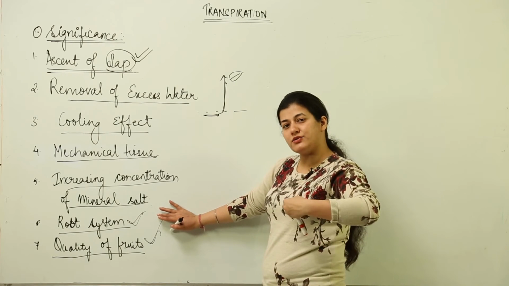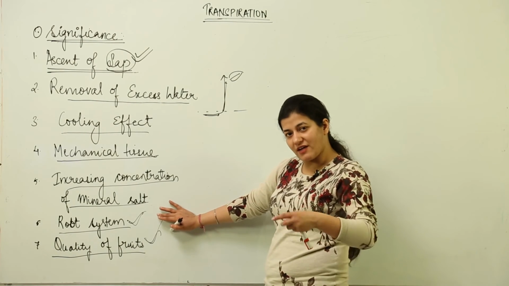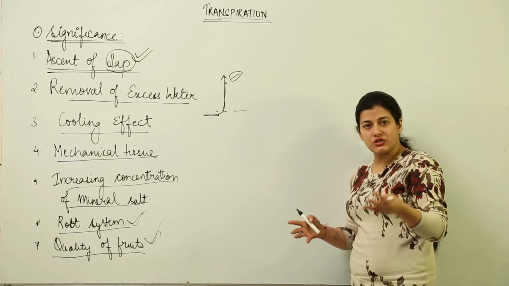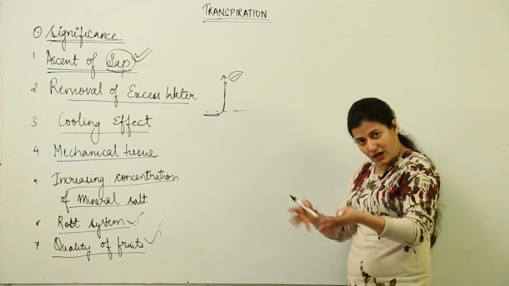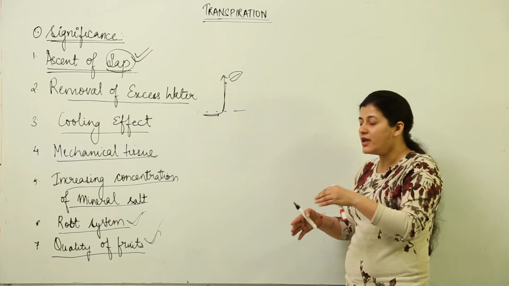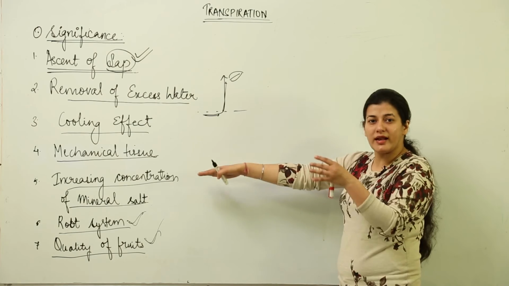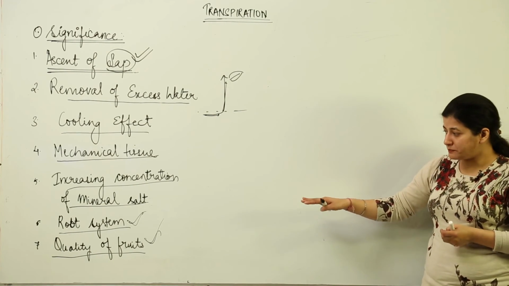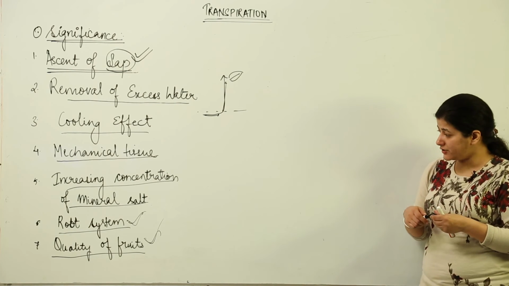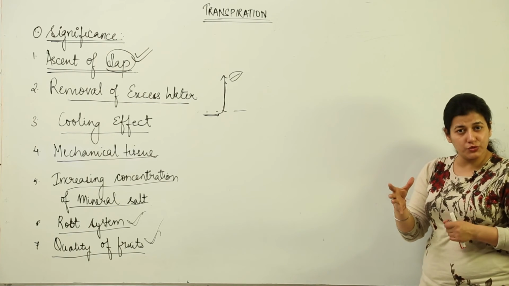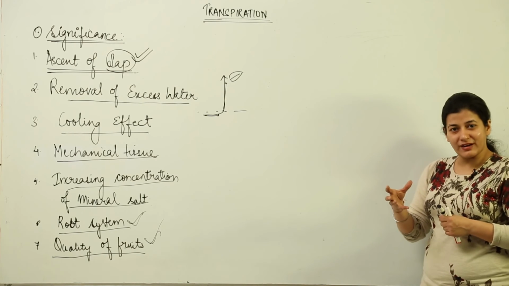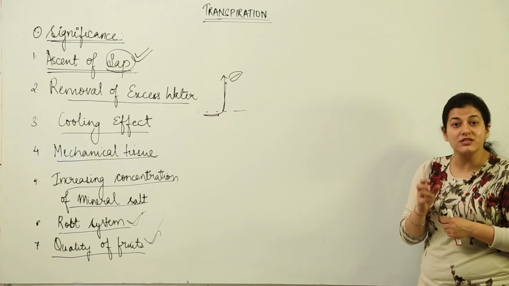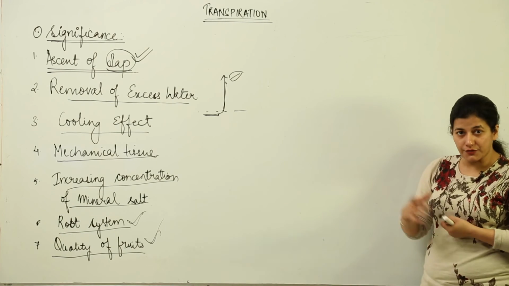Those plants which transpire a lot have a well developed root system, because certainly one which is doing a lot of transpiration would require a lot of root surface area for absorption. That is why we say that the root system is well developed in plants which have a high rate of transpiration. And lastly, you can relish and savor juicy fruits if the plant is transpiring more. So the sugar content of the fruits is higher if the plant has a higher rate of transpiration.